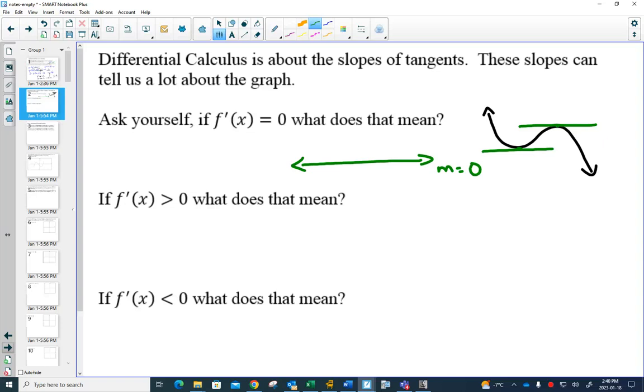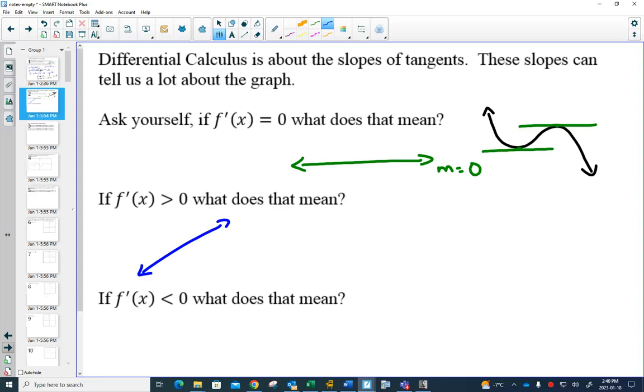Now, if your derivative is greater than 0, that would mean you have positive slopes. I'm going to switch colors. I'm going to do this, because I'm going to use my same example that I had before. It's getting a little intense. Our slopes would be positive.